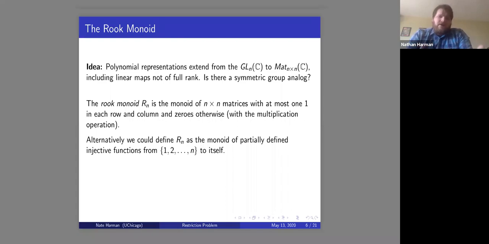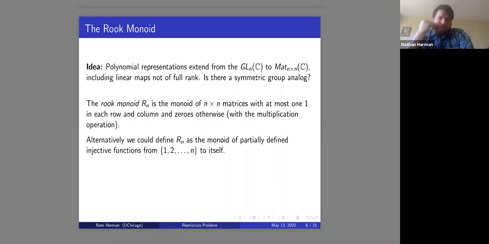The rook monoid is, we take n by n matrices which are 0, 1 matrices, and they have at most one 1 in each row and column, as opposed to permutation matrices, which have exactly one in each row and column. It's called the rook monoid because you can imagine a chessboard, and these correspond to ways of placing rooks on the board so that they can't attack one another.